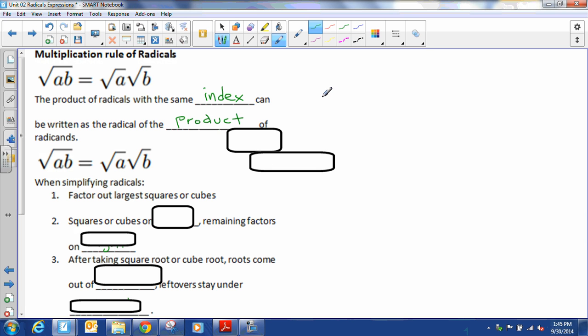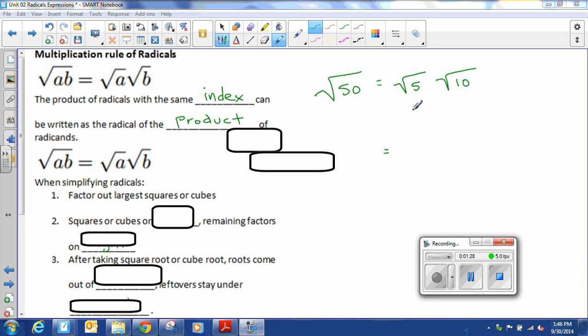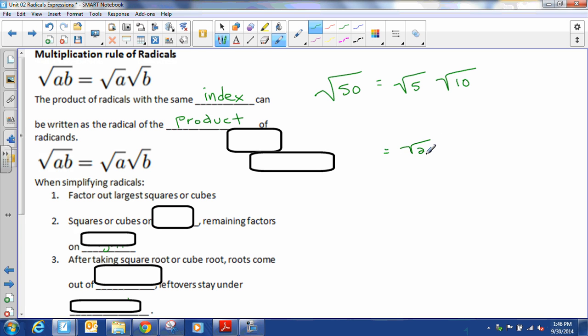So if you have, say, radical 50, we can break this up into the product of two radicals as long as both of the radicands are factors of 50. So 5 and 10 will work, but as you can see, you can also factor 25 and 2, because 25 times 2 is also 50.